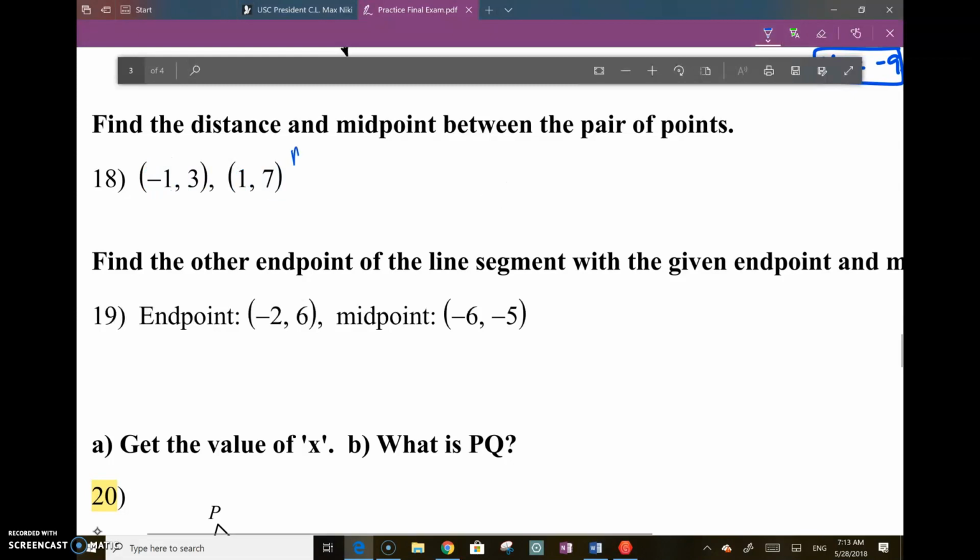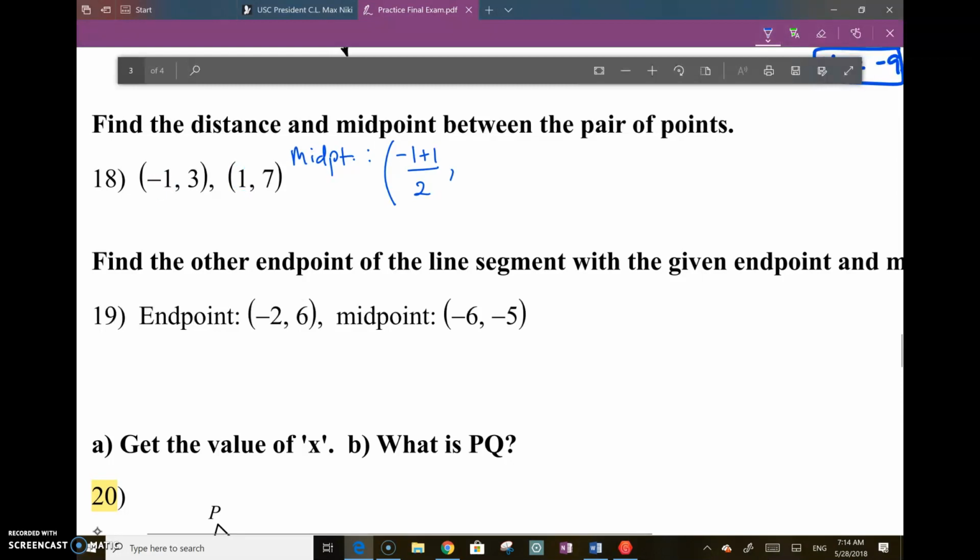So I'm going to say that the midpoint is going to be the average of my two x's. So that means -1, which is this, plus 1, which is this, all divided by 2, and then the average of my y's.